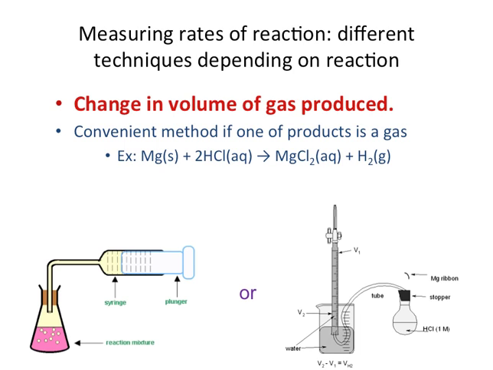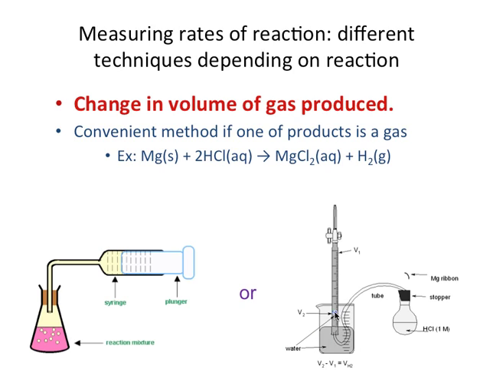You can set up a syringe setup as shown down here on the lower left: a syringe with a reaction mixture, a stopper, and the gas is directed to the syringe. Or you can use the same kind of setup with a stopper and a tube where the gas is directed at the bottom of either an upside down burette or a eudiometer tube.